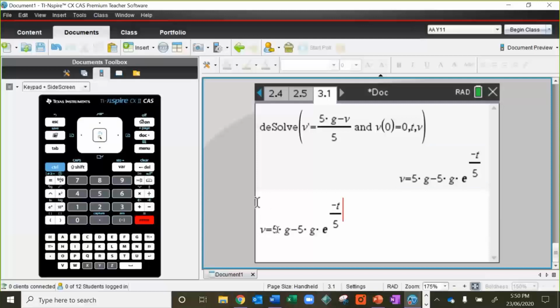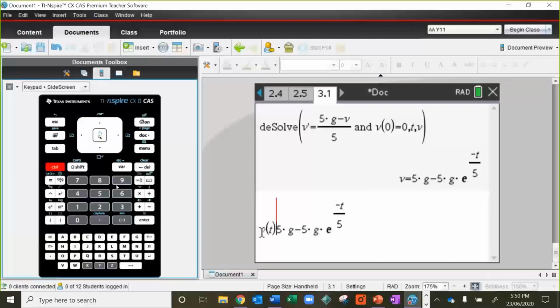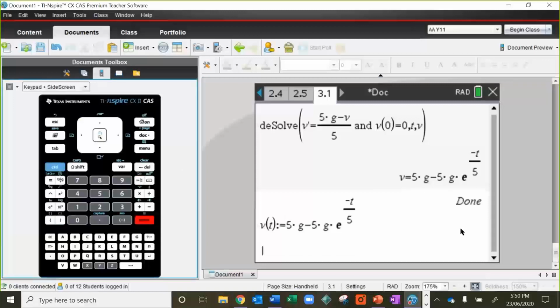And again, we might say, remember that v of t is given by this equation. Now, if we wish to find the terminal velocity, then we'll be using the limit.